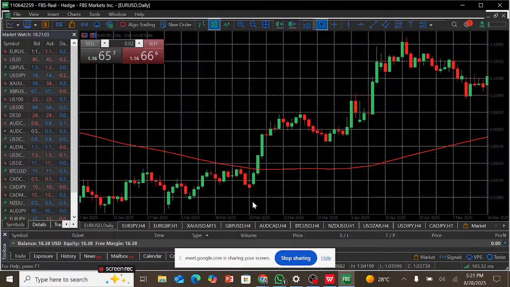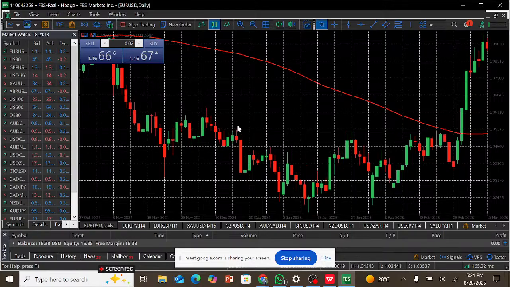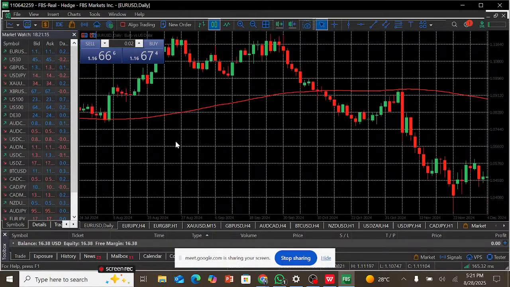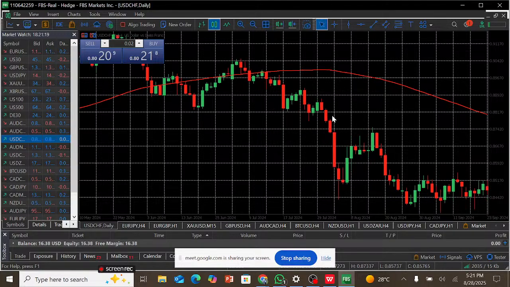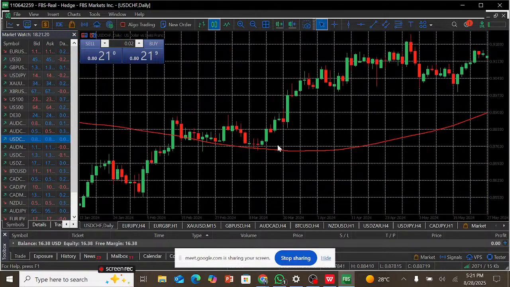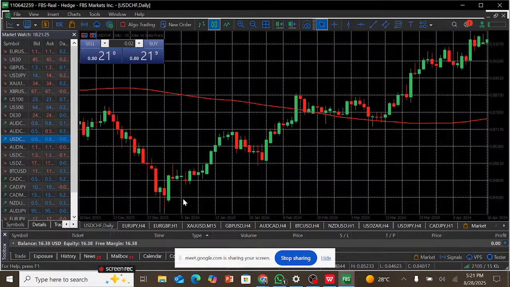We have this, we have this, we have this again, and the market retraced up to here. Let me go back and find a good uptrend. For example, look at this situation.